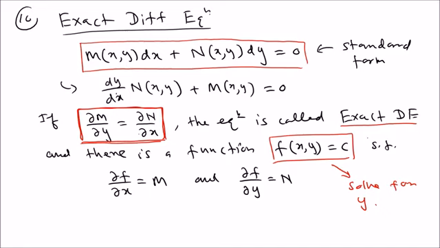So let's look at a problem. Before we do that, actually, let's talk about the solution method. What we normally do is start with one of those equations. There are two equations, so we start with the easy one and then take the integral. Once you take the integral, you get the function back. That's the idea. So let's try the steps here.